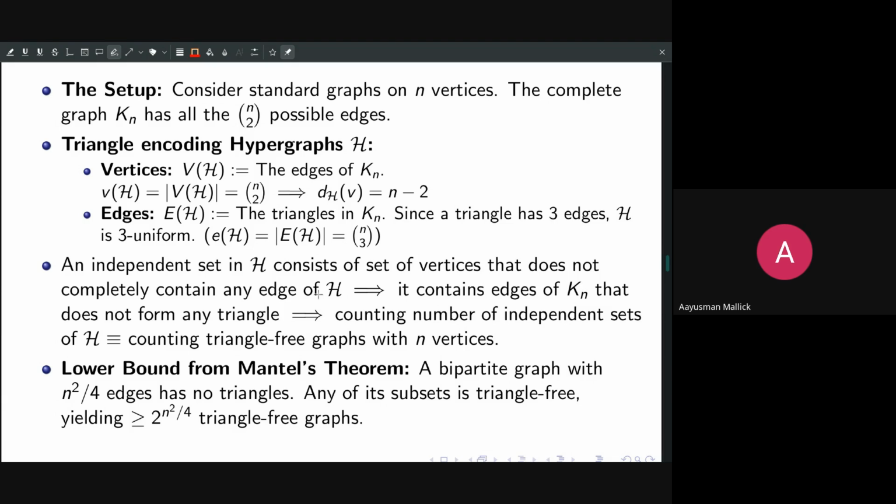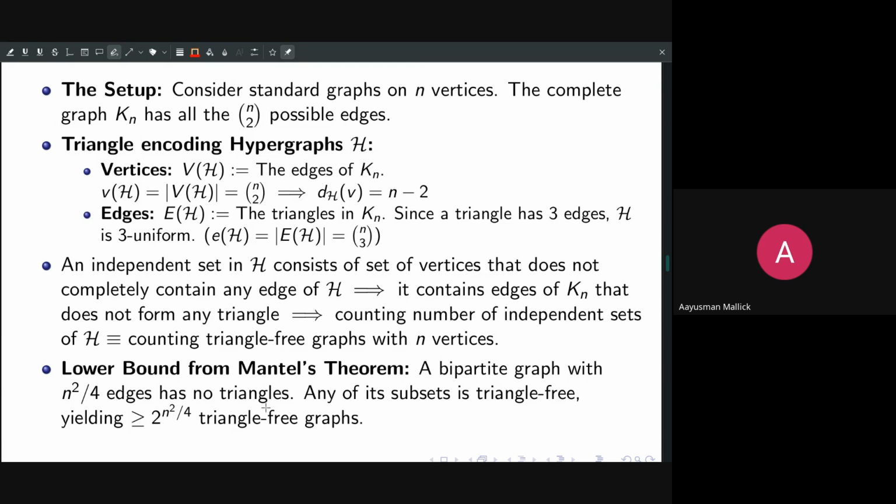So in the hypergraph, when we consider the bipartite graph of Kn, that is K(n/2) and K(n/2), then we get that any of the subsets we consider are triangle free.